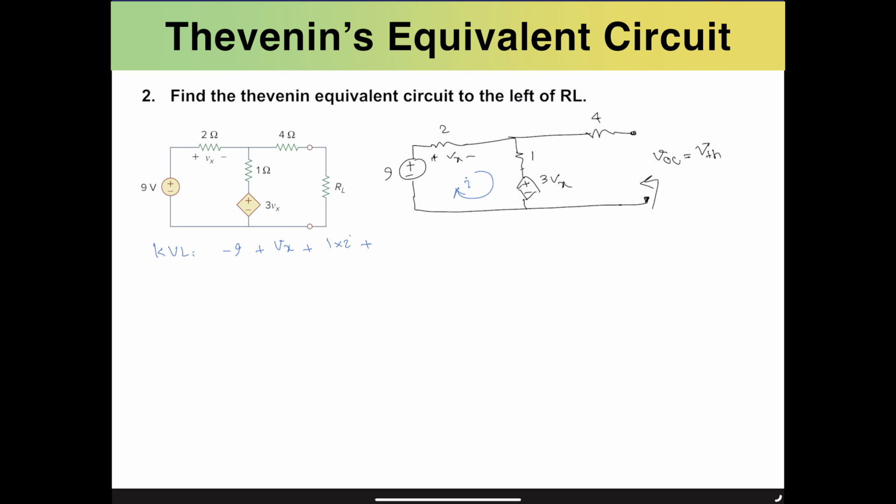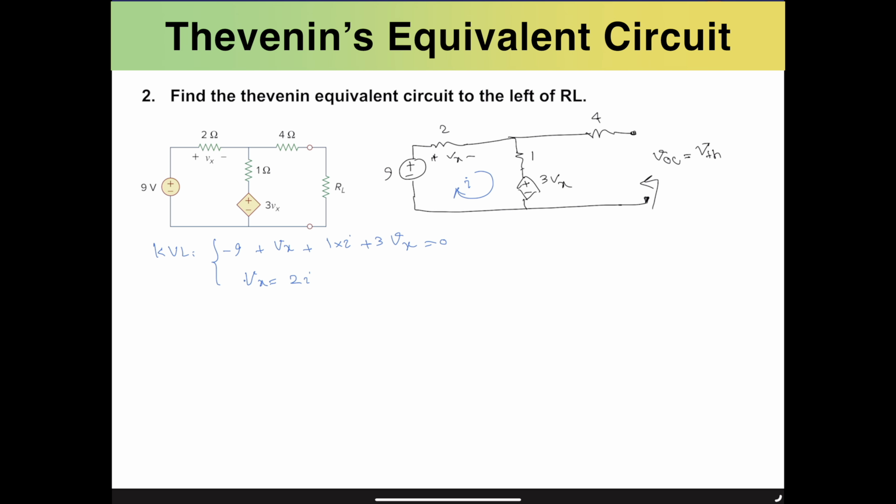That will be 1 times I plus 3 Vx equals 0. On the other hand, since I is passing through this 2 ohms, Vx is equal to 2 times I. So Vx equals 2I.